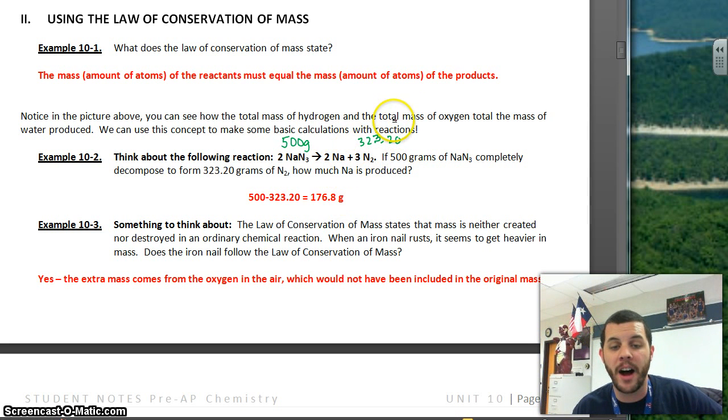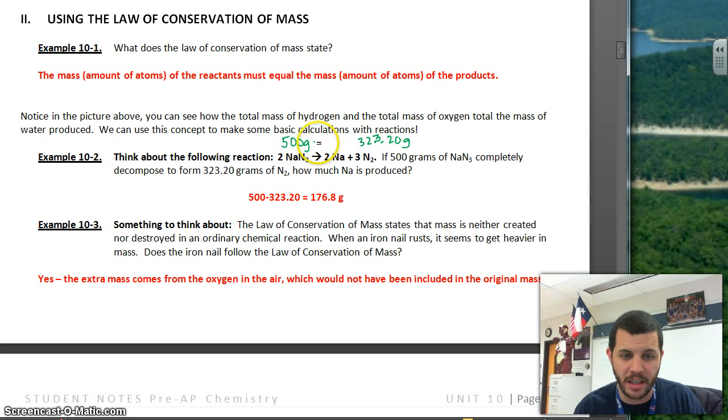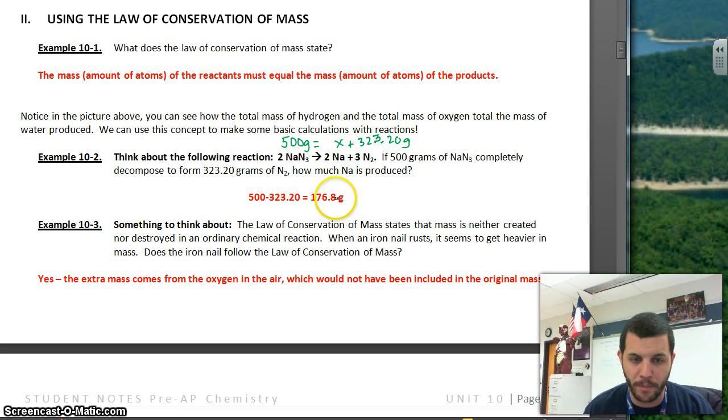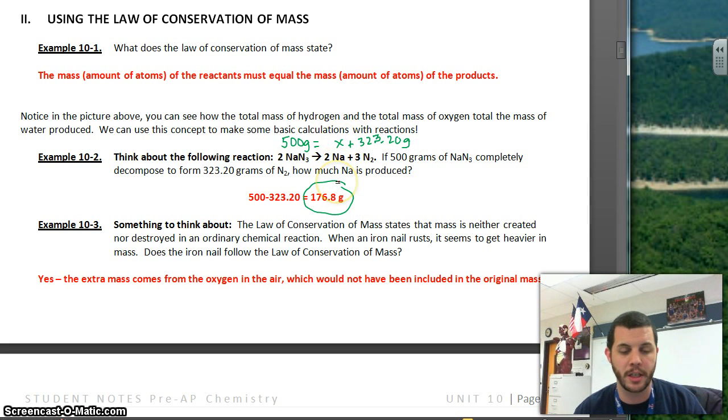Well, if I know that the law of conservation of mass has to occur, I can change this arrow to an equal sign. I can say 500 grams equals X amount of grams plus 323.20. So we're just going to subtract 323.20 from both sides, and we would get that sodium is 176.8 grams.